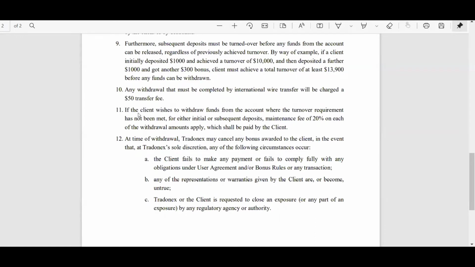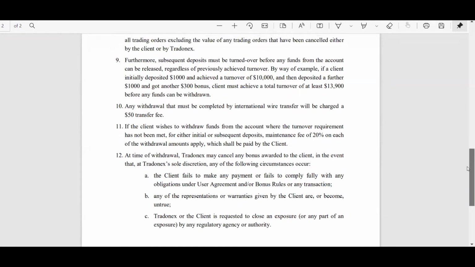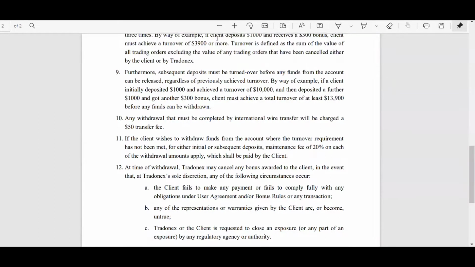Number 11, if the client wishes to withdraw funds from the account where the turnover requirement has not been met for either initial or subsequent deposits, a maintenance fee of 20% on each of the withdrawal amounts applies, which shall be paid by the client. So, for example, you didn't turn it over $3,900.